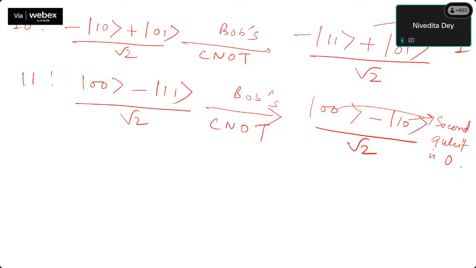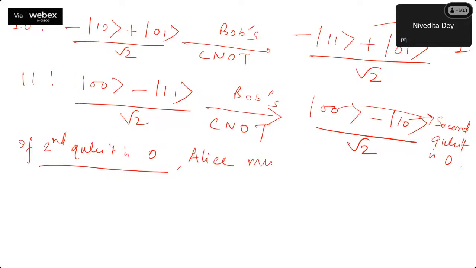So that means if your second qubit is 0, Alice must have sent either 0, 0 or 1, 1.